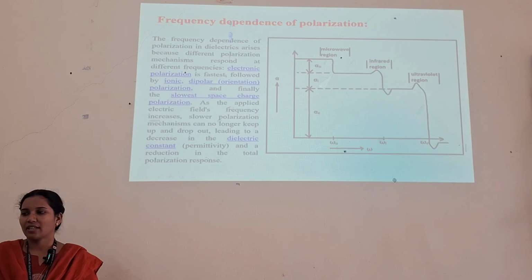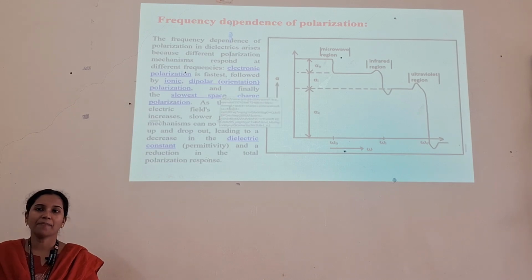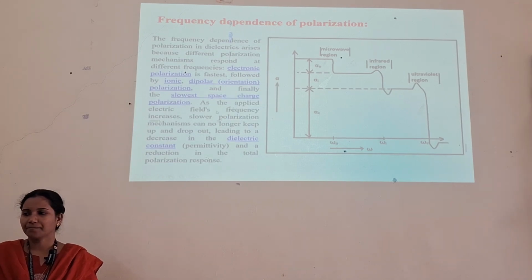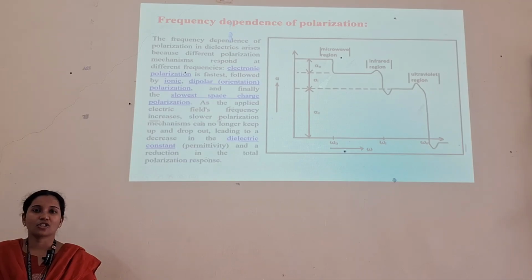Electronic polarization is fastest, followed by ionic, dipolar and orientation, and finally the slowest, space charge polarization. As the applied electric field frequency increases, slower polarization mechanisms can no longer keep up and drop out, leading to a decrease in the dielectric constant, known as permittivity, and a reduction in the total polarization response.